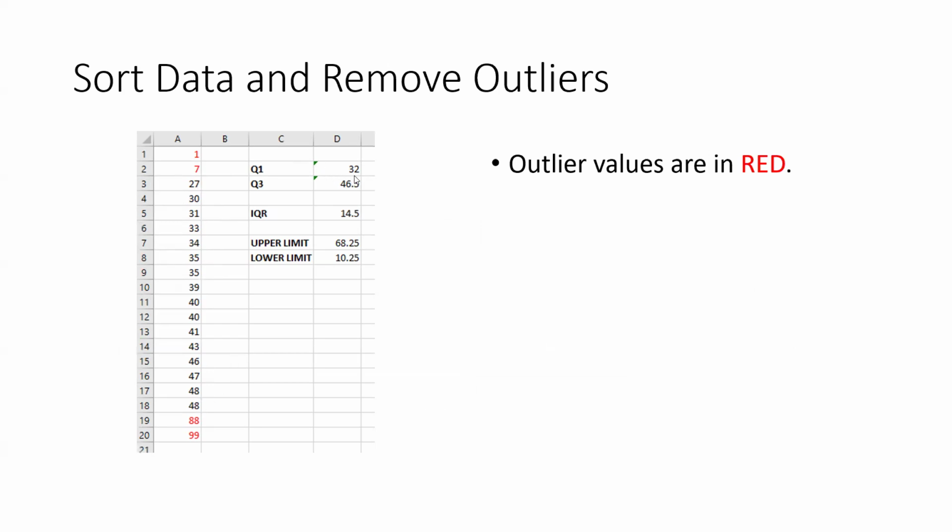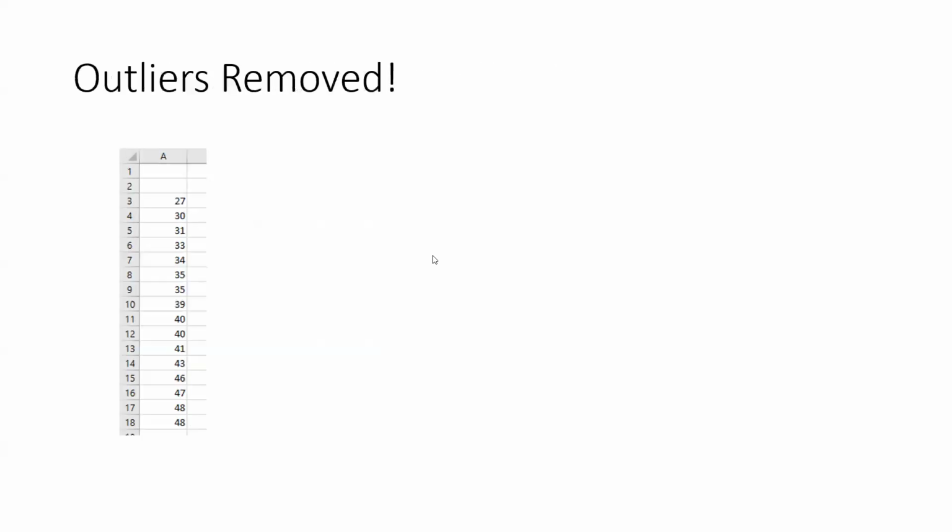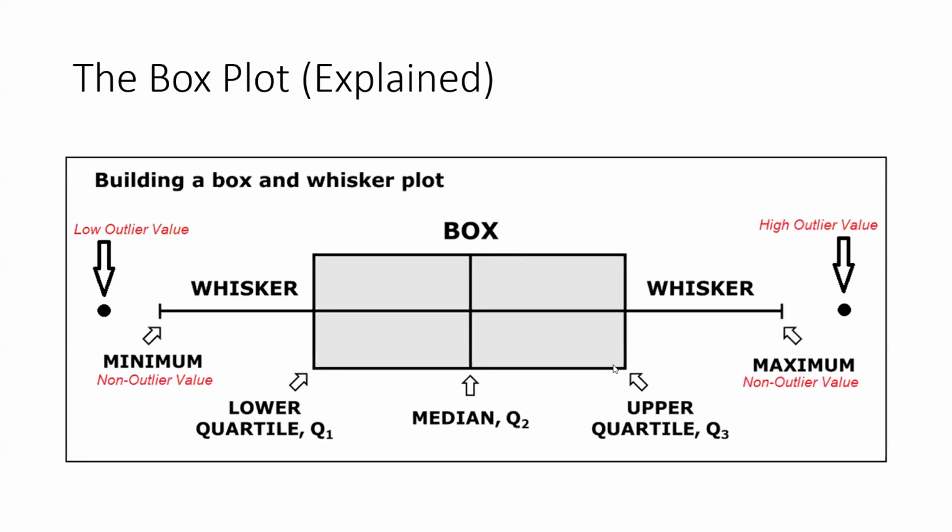And our quartile values would be 31. That would be the box point on the left. And 46.5 would be the box point on the right. Now, any points that exist outside of a whisker, those are our low outlier values or high outlier values, depending on where they appear.